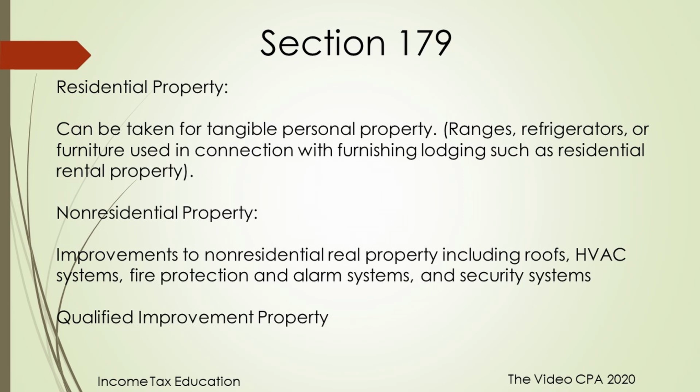That's for residential property and for commercial property. Now, commercial property also contains another option for Section 179, and that is that improvements to non-residential property, including roofs and HVAC systems, fire protection, alarm systems, and security systems, can be written off in the year placed in service.